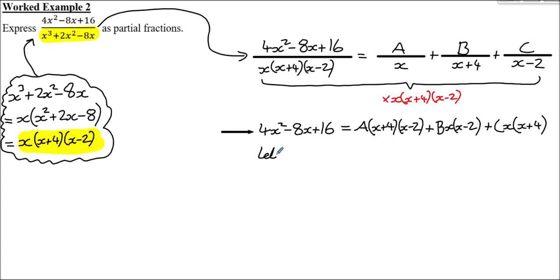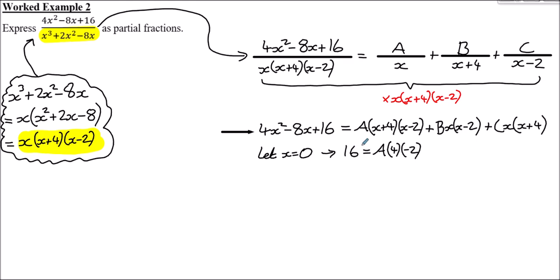Let x equal 0. If x equals 0, that becomes nothing, that becomes nothing. The left just becomes 16. On the right, I'm going to get a multiplied by nothing plus 4, which is 4, times nothing minus 2, which is minus 2. As I said, this and the c will vanish.